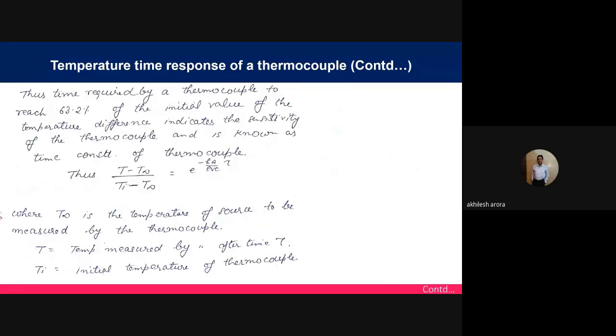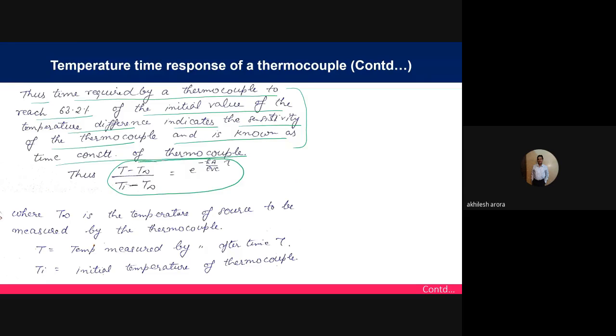So let us see. Thus, the time required by a thermocouple to reach 63.2% of the initial value of the temperature difference indicates the sensitivity of the thermocouple and is known as the time constant of the thermocouple. So this is very, very important here. Thus, once again, I am using this particular equation.